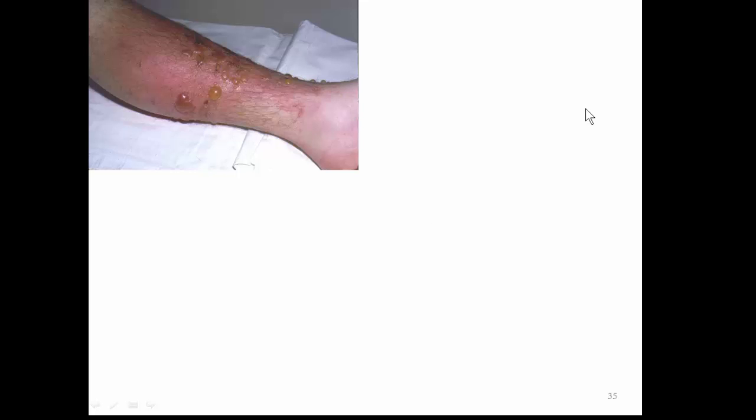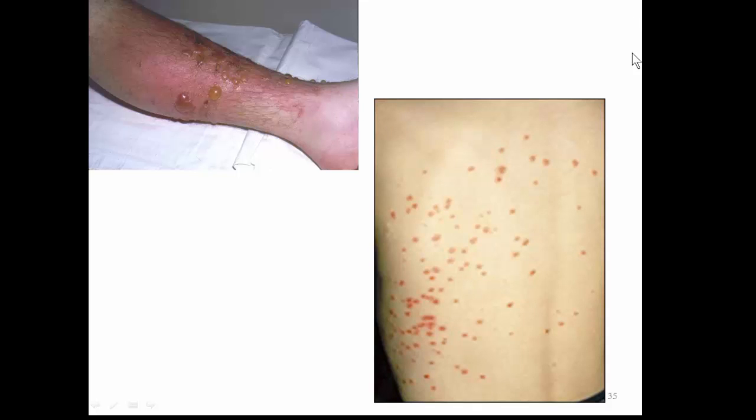Poison ivy is caused by a compound in the poison ivy leaf called urushiol, and urushiol causes a type of dermatitis on the skin that results in these blister-like pustules, and it itches like crazy, and it looks completely disgusting.